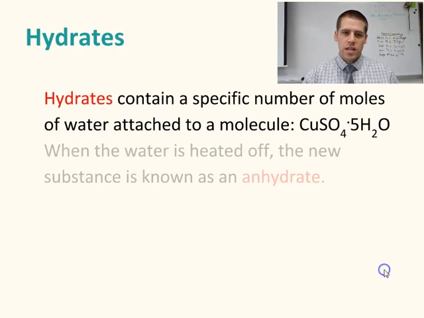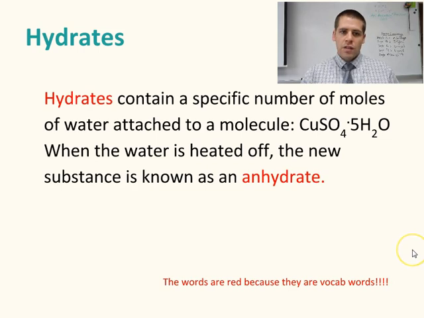All right, so let's talk about these hydrates and what they are. Hydrates contain a specific number of moles of water in their crystalline structure. So you have copper sulfate, for example, and in copper sulfate you'd have copper ions, cations, and sulfate ions, anions, polyatomic ions, in this crystalline structure where there's one of these and then one of those and then another copper and another sulfate, right?